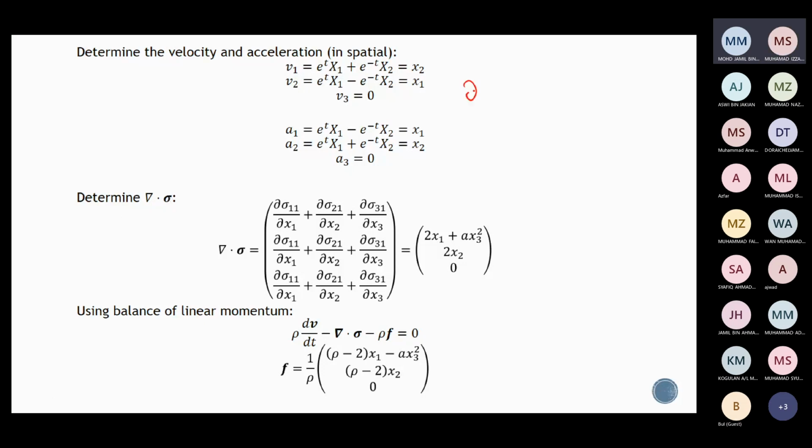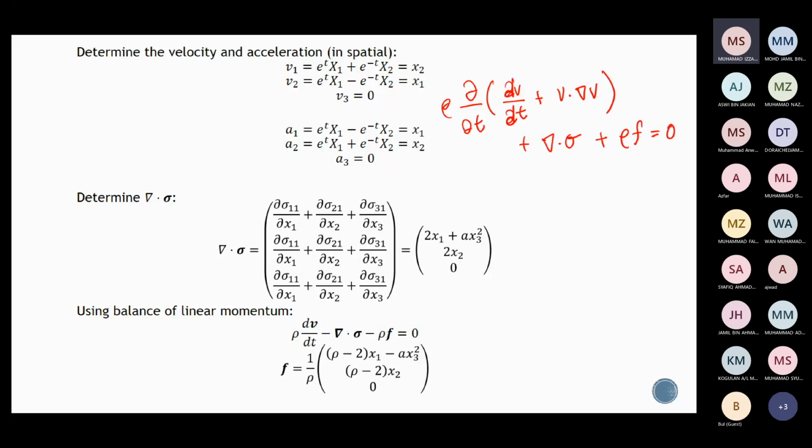So the equation is, okay, this is the balance of linear momentum.